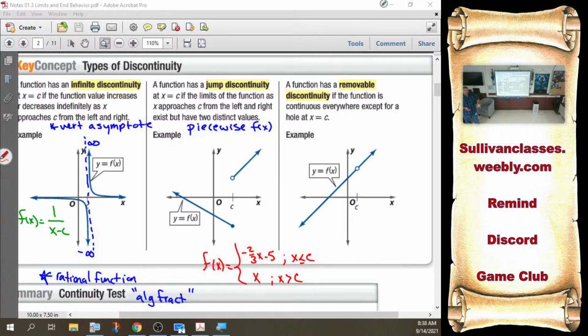We saw these the other day, right? You say which part of the domain am I on? That's the rule I'm going to use. In a piecewise function, I'm going to follow this line all the way until I hit c. Then I'm going to jump to the next rule. I'm going to follow that line instead. And sometimes they're lines, sometimes they're quadratic, sometimes they're absolute value. You're going to have all kinds of stuff in there. But you literally jump from one rule to the other on piecewise functions. That is jump discontinuity.